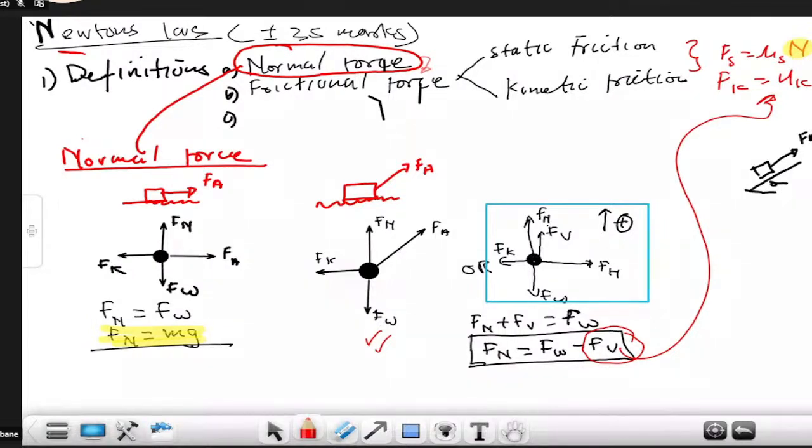Okay, let me attend to your problem. I'm going to write it down. Maybe I should have indicated the direction of motion. Let's just say this is the direction of motion. It basically says all these particular objects are moving.